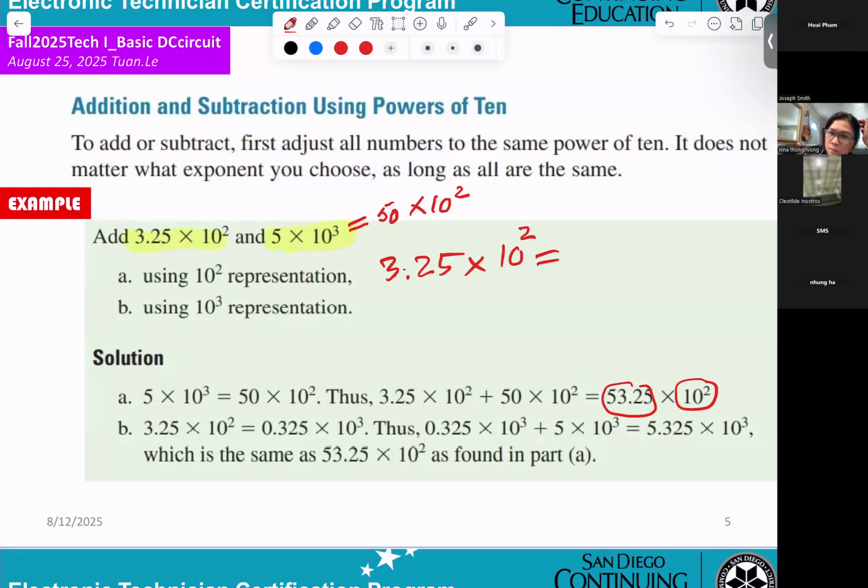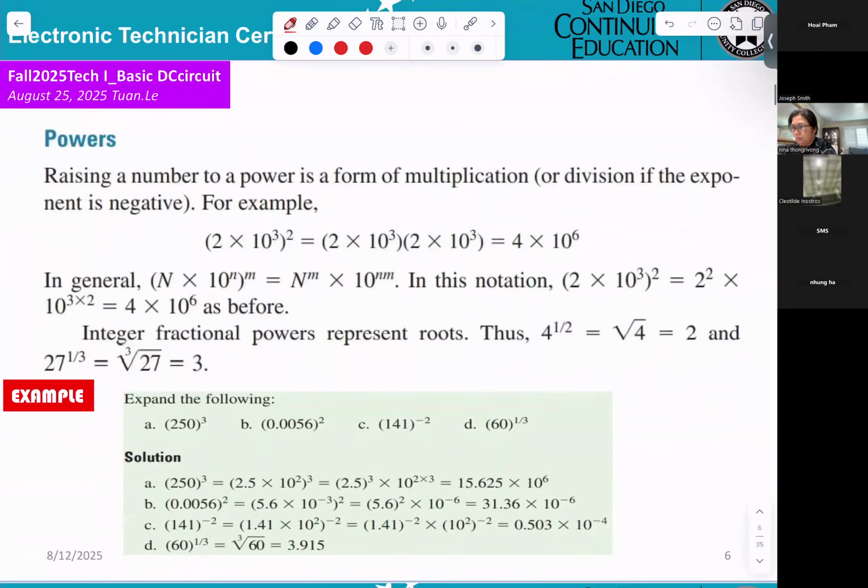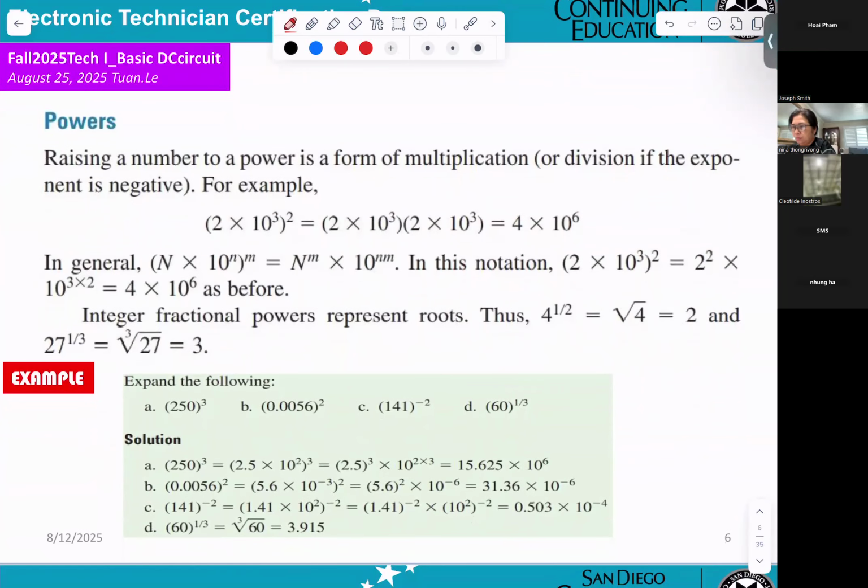Now you want 10 power of 3. That means you have to divide. So 0.3. Okay, that means they have to get the same power.